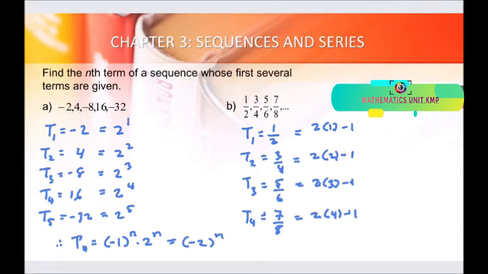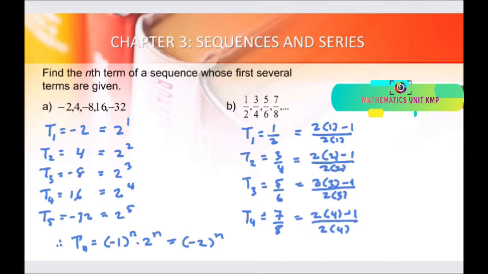Now we move on to the denominator, 2, 4, 6, and 8. So from here we know the pattern. It will be 2 multiply with 1, 2 multiply with 2, 2 multiply with 3, and 2 multiplied with 4.